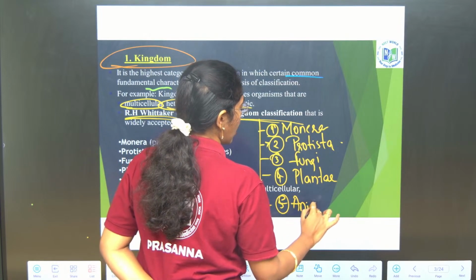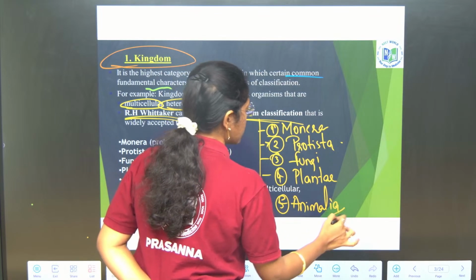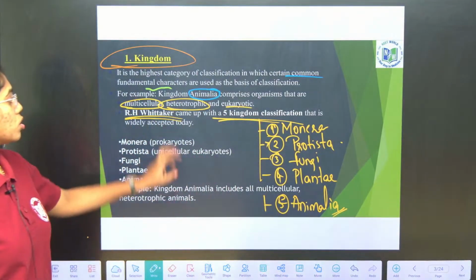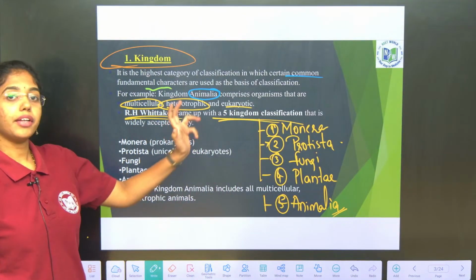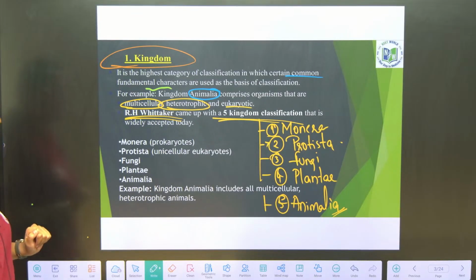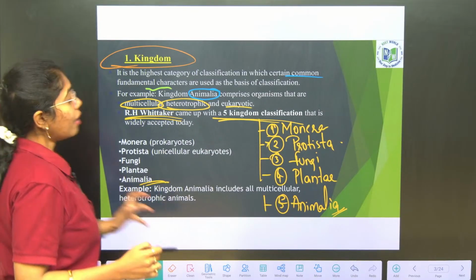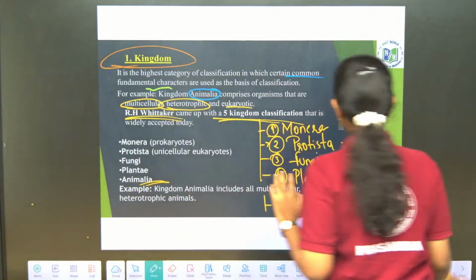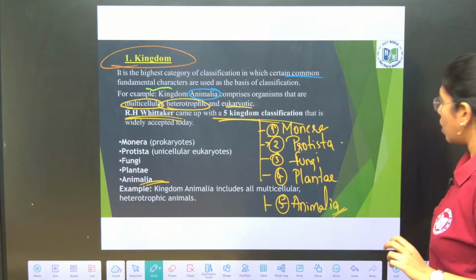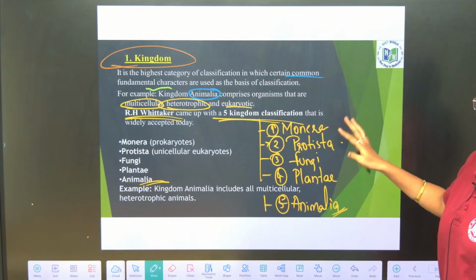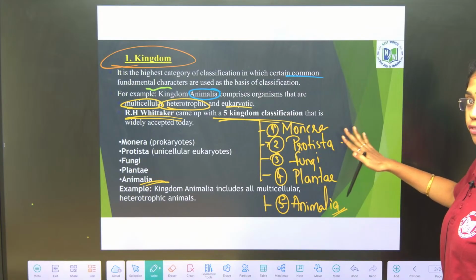Right. So, under Animalia, what all organisms are included, beta? Those organisms which are multicellular, heterotrophic and eukaryotic. Clear? So, now we have discussed in detail the kingdom, which is the highest taxonomic category. This information is enough for the kingdom.